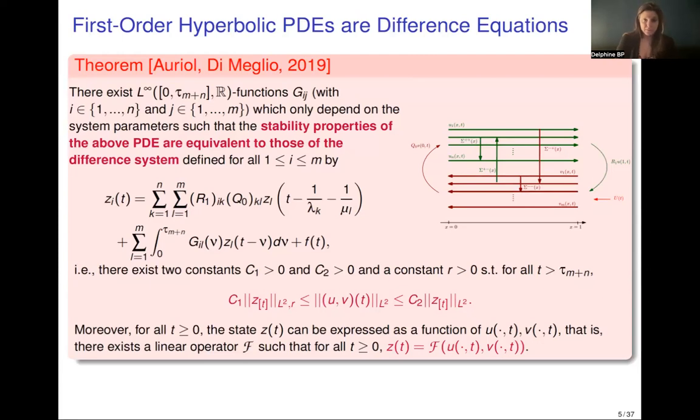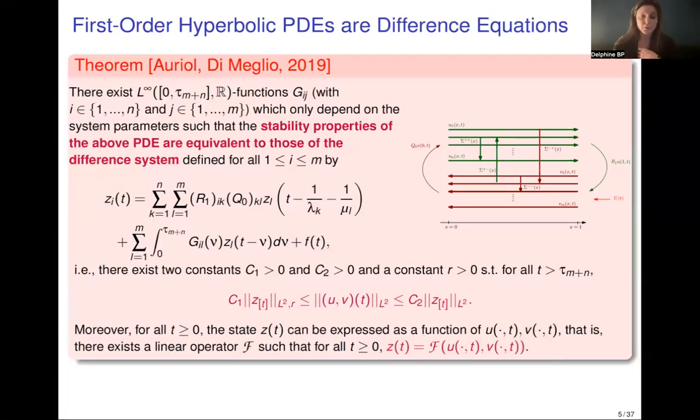And so I was saying that the stability property of this difference equation is equivalent to that of the original system of hyperbolic PDEs in the sense given in the equation in red, which tells that you can upper and lower bound the L2 norm in the spatial sense. So this is the L2 spatial norm of U and V by an L2 norm of V. L2 now having to be understood as a time domain norm.